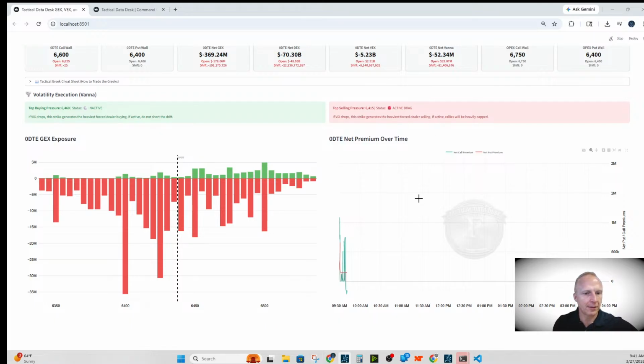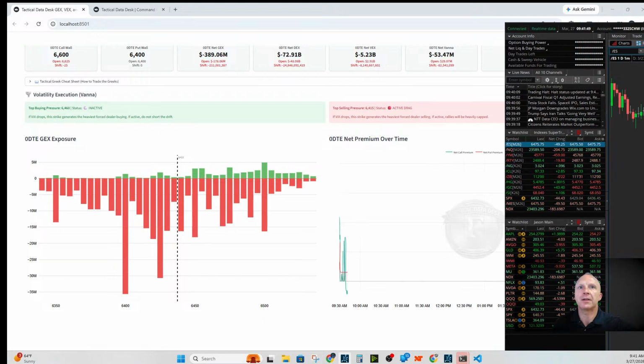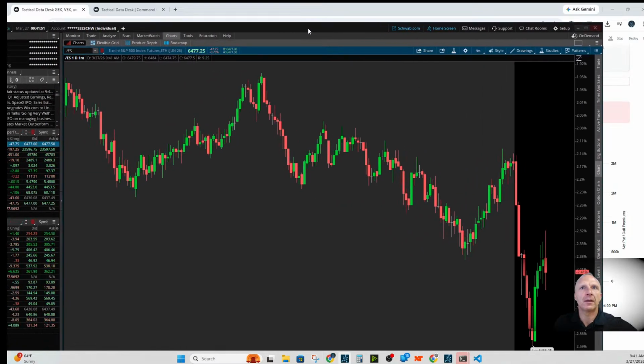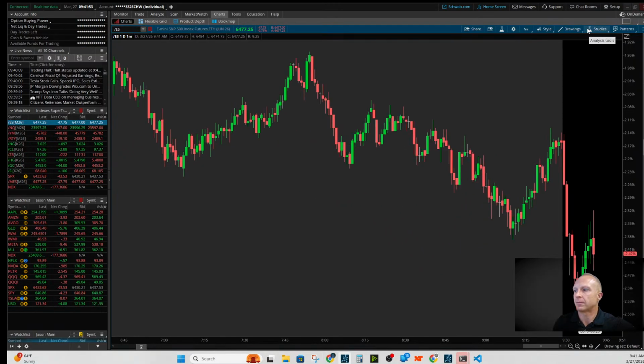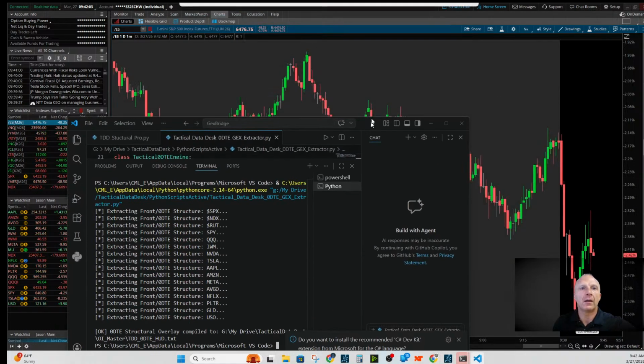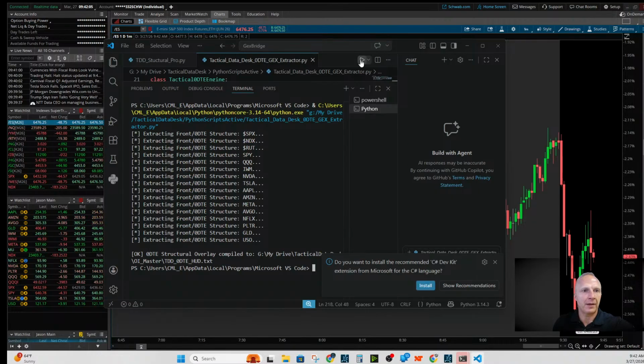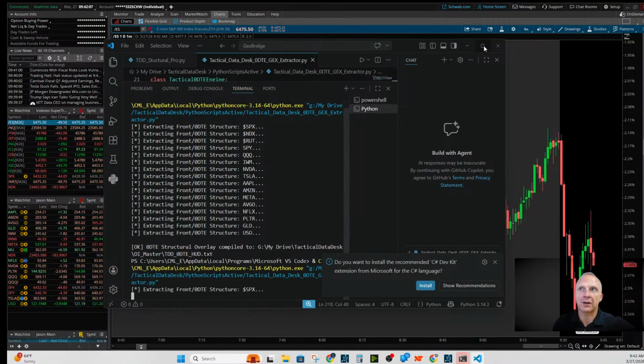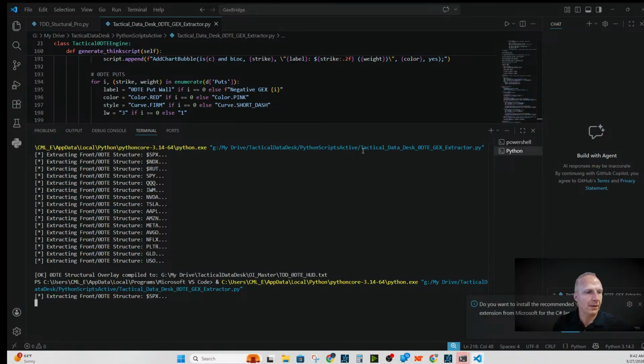Okay, so I got Think or Swim here. I'm going to run through some individual tickers. Let's update structural analysis here. I'm updating all the 0 DTE tickers.